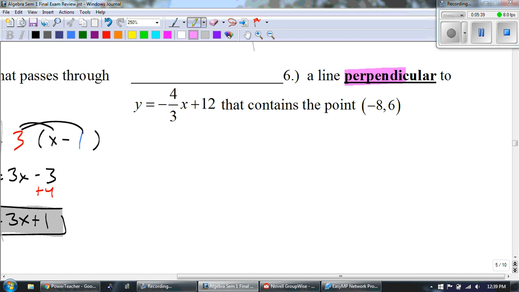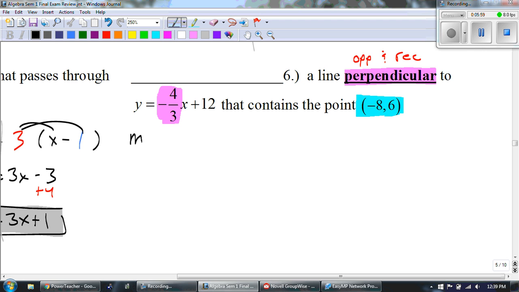Number 6, a line that is perpendicular. Perpendiculars, we're going to need to do something with that slope and the point -8, 6. So remember that perpendicular means opposite and reciprocal.